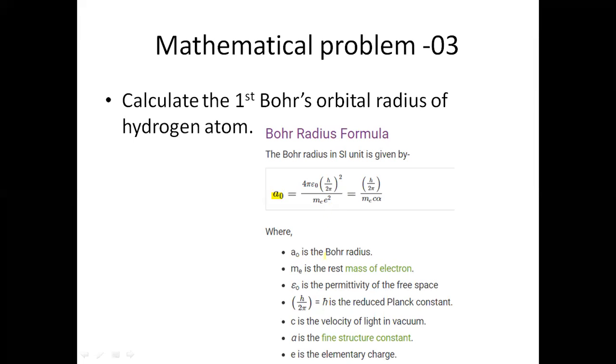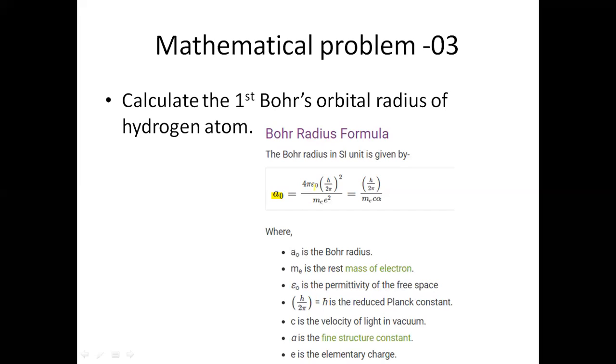Here a naught is the Bohr radius, m is the rest mass of the electron, epsilon naught is the permittivity of free space, h by 2 pi is the reduced Planck constant, c is the velocity of light in vacuum, alpha is the fine structure constant, and e is the elementary charge. All these values are constants, and by putting them in, we can get the value of a naught, the radius of the hydrogen atom.